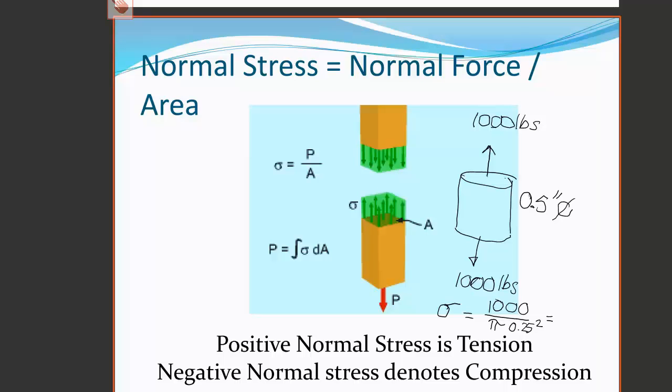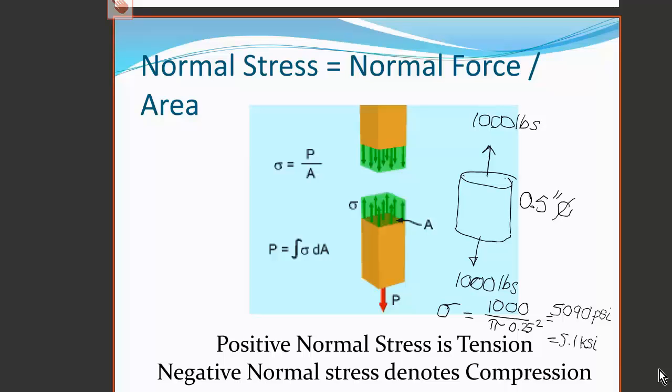And this answer is equal to, just calculating it now, 1,000 divided by pi times 0.25 squared, which is equal to 5,090 pounds per square inch. This is also referred to as 5.1 thousand pounds per square inch, known as a kilo psi or a ksi.